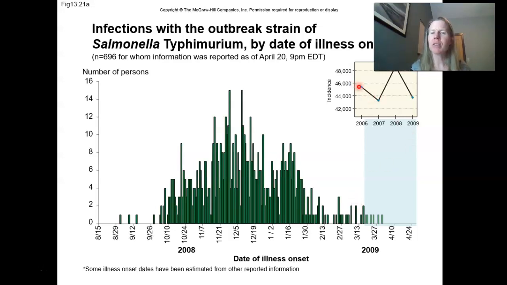Even this is interesting. So incidence, again, we're looking at per 10,000 people. And what we're seeing here is what's going on in 2008, right? So they've zoomed in and they're showing us what's going on in 2008.